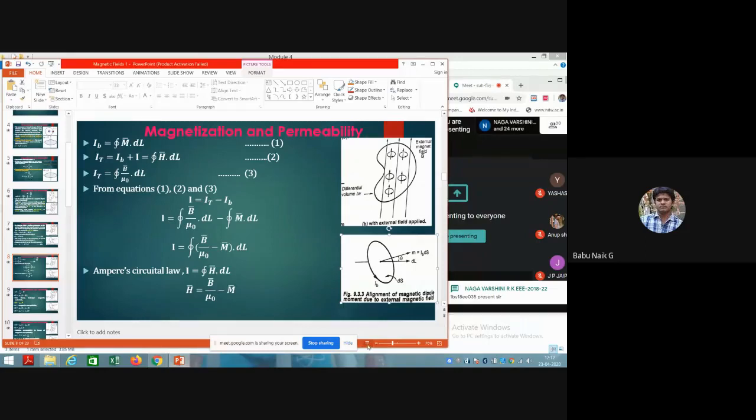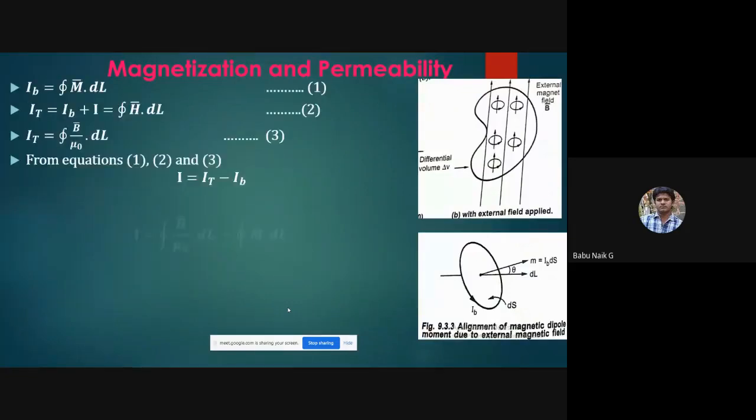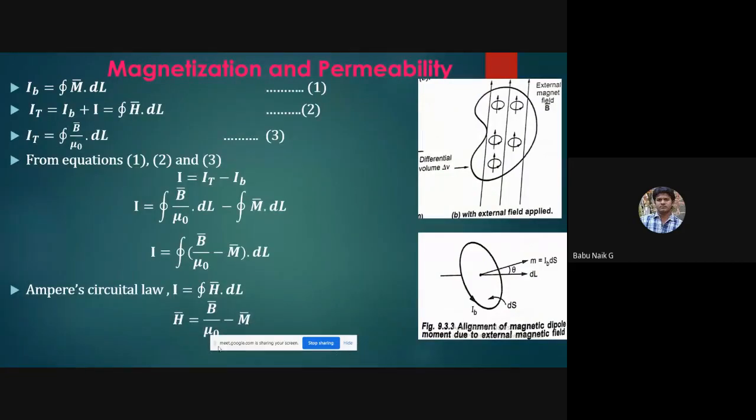And then we have seen other conditions, the relationship between magnetic field and magnetization, after substituting this current, IT minus IB, from Ampere's circuital law, with the bounded charge and magnetization. After comparing with the other Ampere's circuital law, we have seen that the magnetic field is the magnetic flux density over the permeability, minus the magnetization.